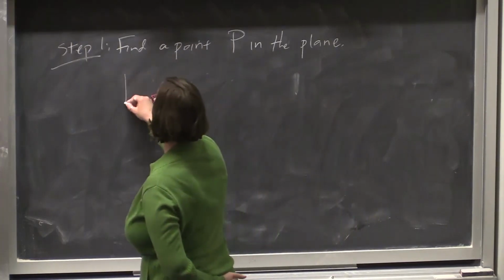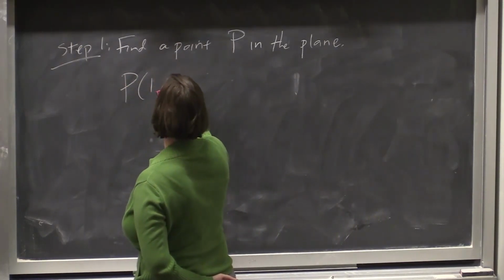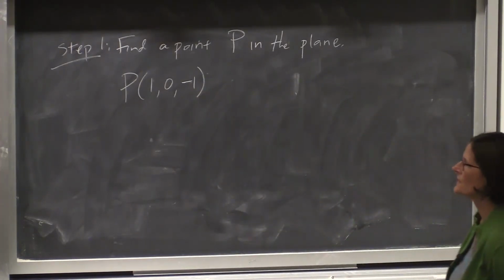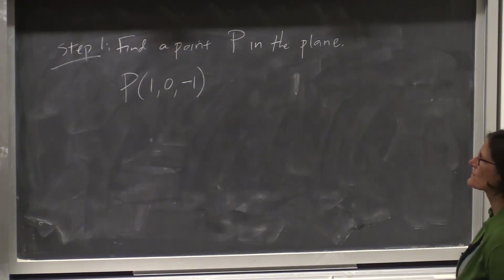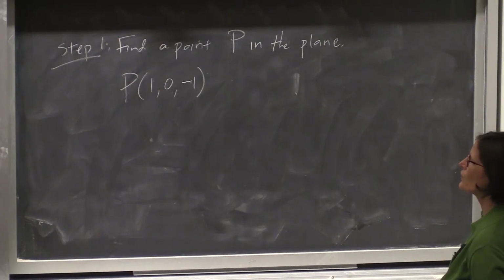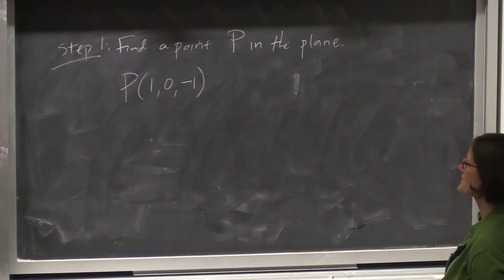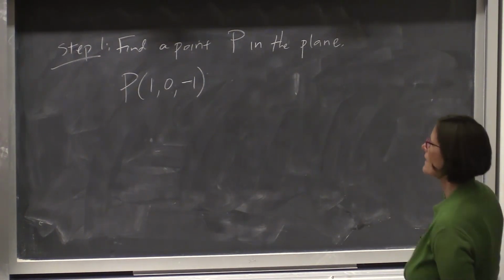Cute. So P is 1, 0, -1. This is a nice point because it doesn't have any fractions. And whoever came up with that point was thinking through that process of how to blend a 2 and a 5 to get a 7. And that's a very nice point.